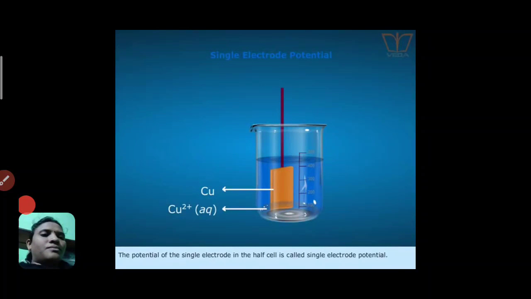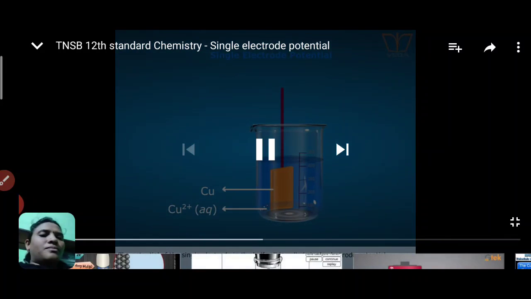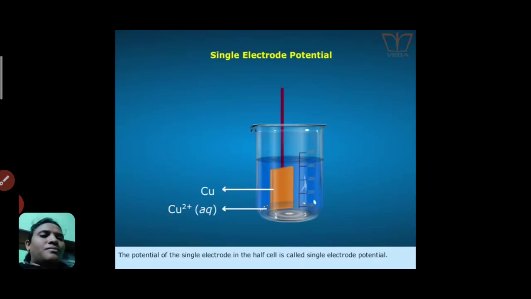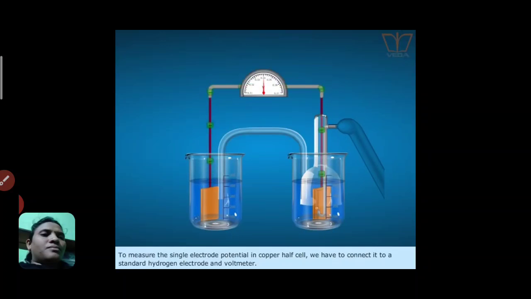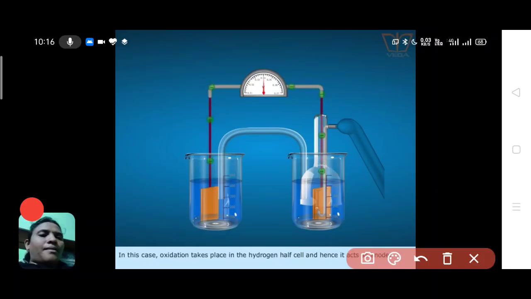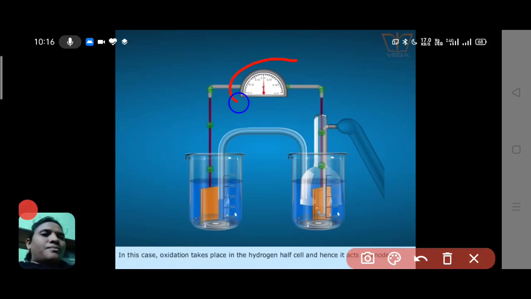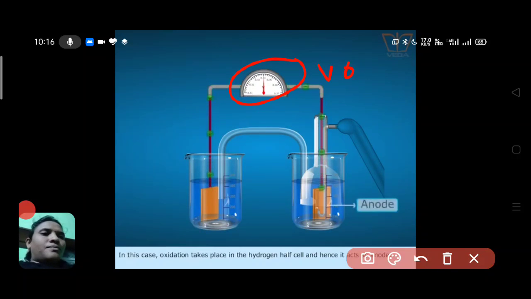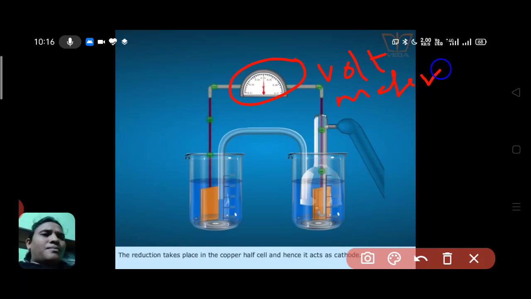The potential of the single electrode in the half cell is called single electrode potential. To measure the single electrode potential in the copper half cell, we have to connect it to a standard hydrogen electrode and voltmeter. In this case, oxidation takes place in the hydrogen half cell and hence it acts as anode. The reduction takes place in the copper half cell and hence it acts as cathode.